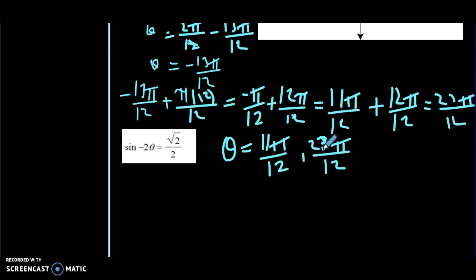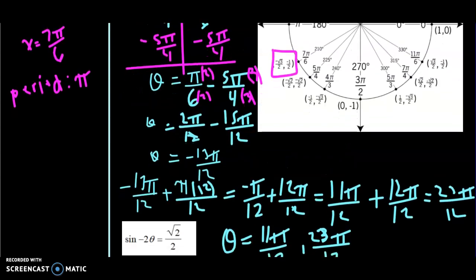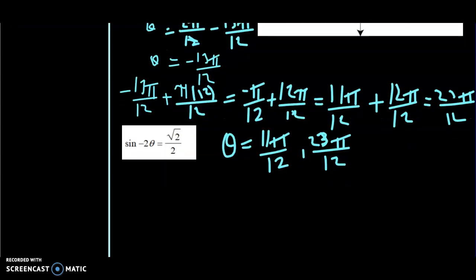Okay, so those are the two values. And if I do the same thing, plugging in for x equals 7 pi over 6, you're going to notice that you also get 11 pi over 12. So I'm not going to show you that one. Let's go on to the next one.